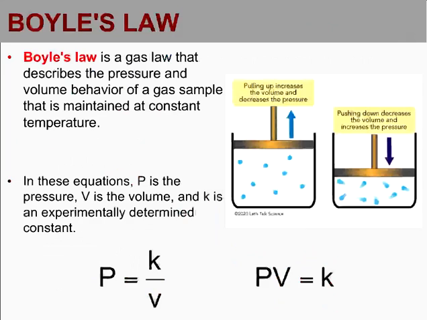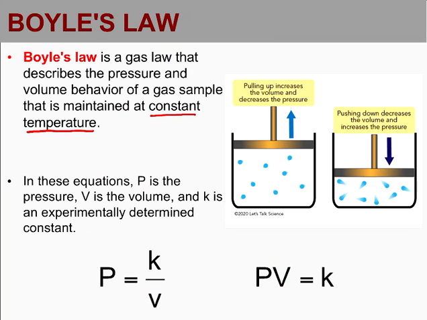Okay. So let's start with our first gas law, Boyle's law. This is a gas law that describes the pressure and volume behavior of a gas sample that is maintained at constant temperature. So the temperature of the system is not changing, and we can also assume that the amount of the gas is not changing.